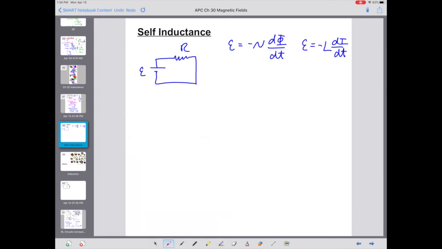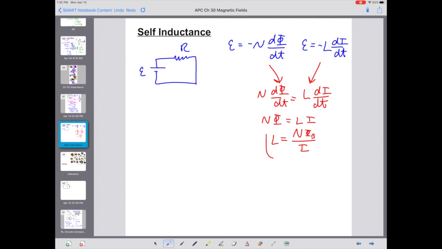If we bring these two equations together, the negatives will divide out, and I'm going to get N d phi dt is equal to L di dt. We get a dt on both sides. I'm going to get rid of my calculus. N phi equals L times I. So L would be equal to N phi over I. And that's for just a simple loop circuit.